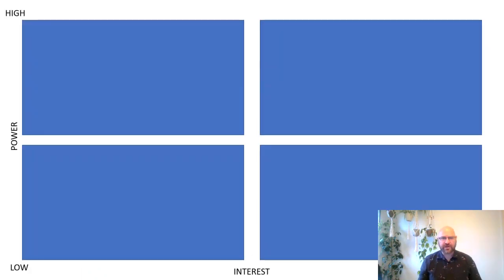So what I'd like you to do is go back to that slide on the Google Drive where you have written down an exhaustive list of who all the stakeholders are. What I'd like you to do now is copy and then paste where you think they are.